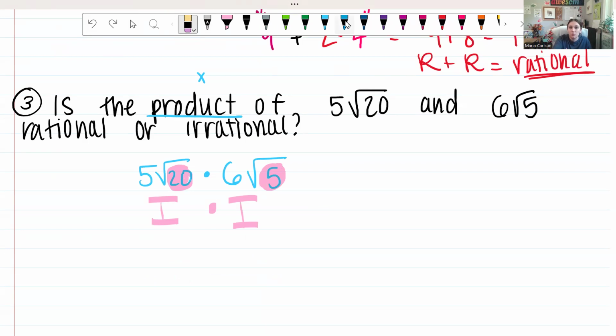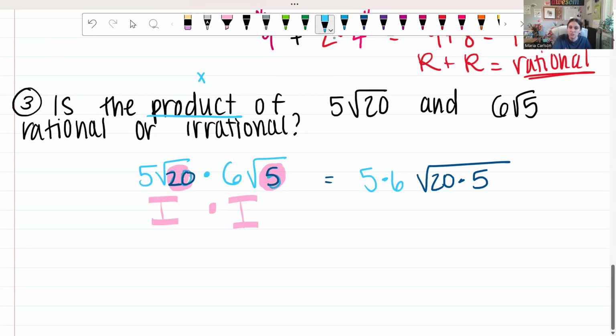when we actually multiply. So multiplying here, remember you multiply your inside numbers together. So this is the same thing as, underneath the radical, 20 times 5. And then outside the radical, we will have 5 times 6. So I have 5 times 6, which is 30, square root of 20 times 5, which is 100.